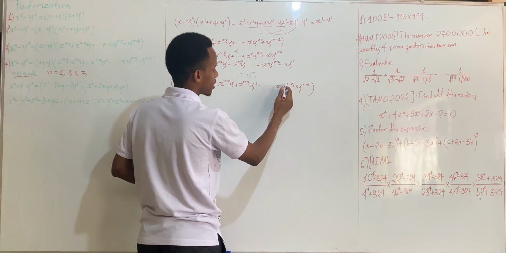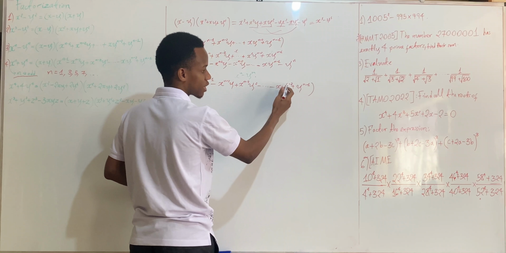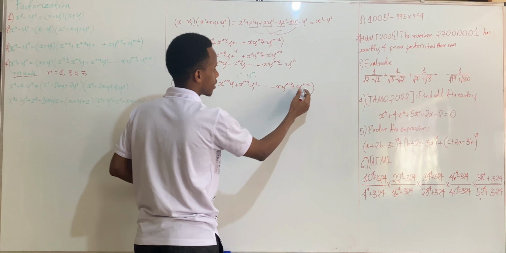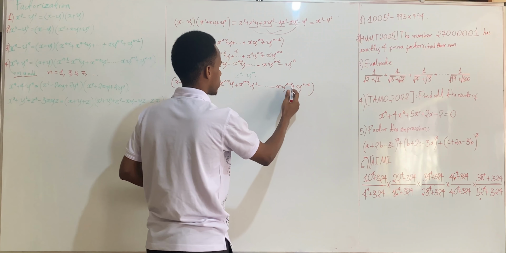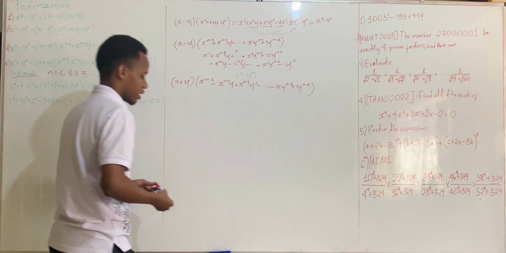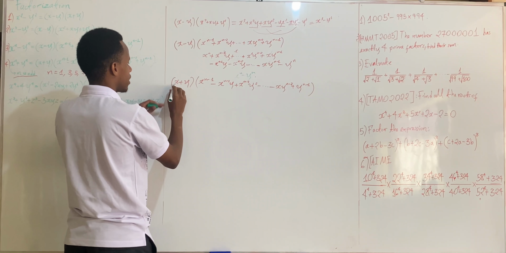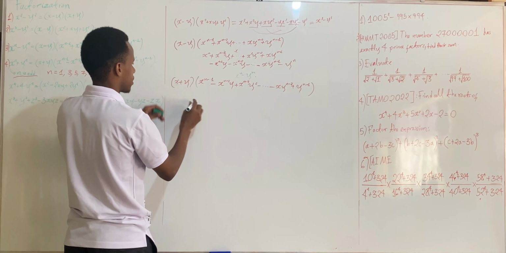So by the time we reach the exponent of n minus 2, which is an odd integer, because n is odd, it will be a minus. And when we reach n minus 1, it will be a plus. So it's that simple.